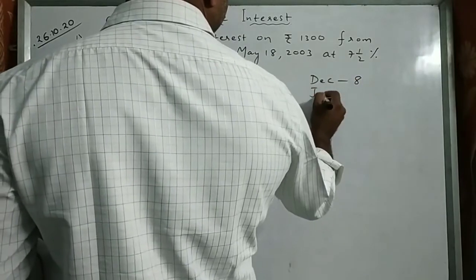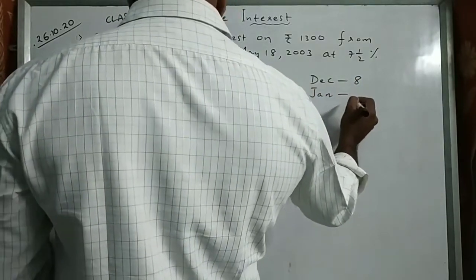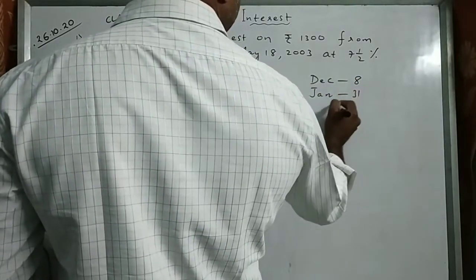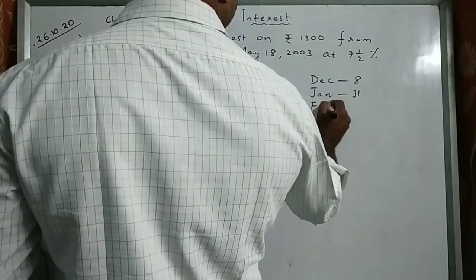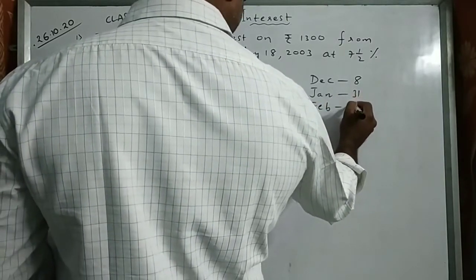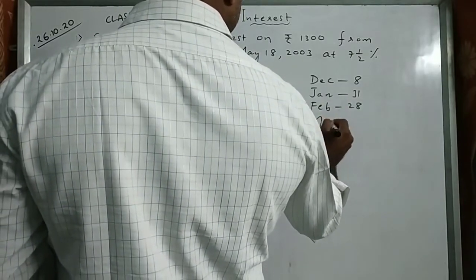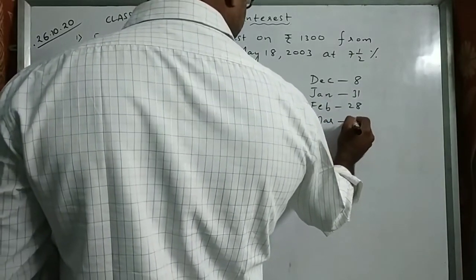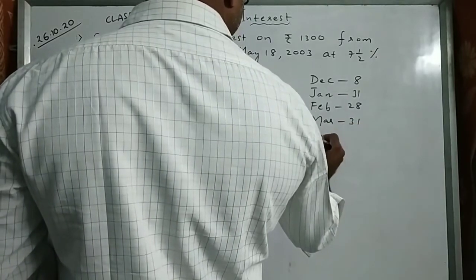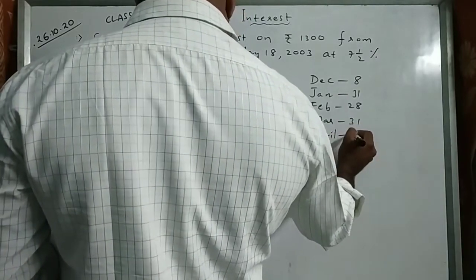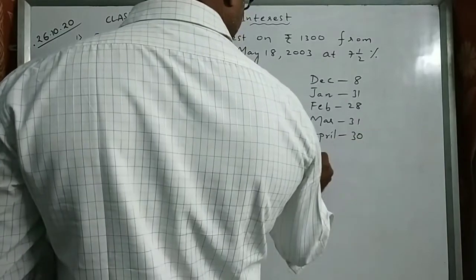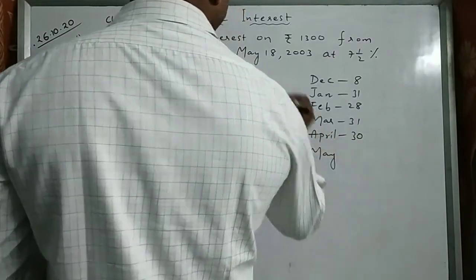December 8 days. Next January 31 days. February 28 days since it is non-leap year. March, how many days you will have? 31 days again. April 30 days. May, up to May 18 it seems.